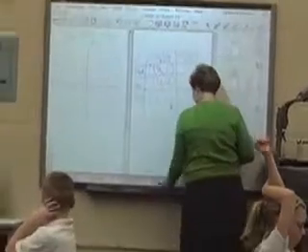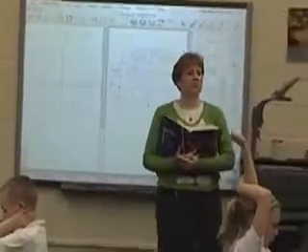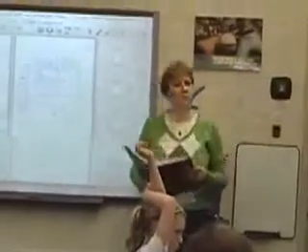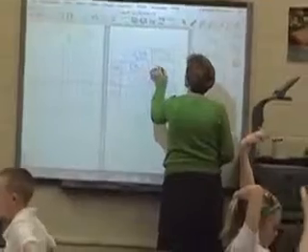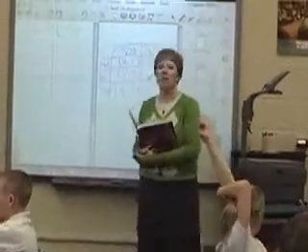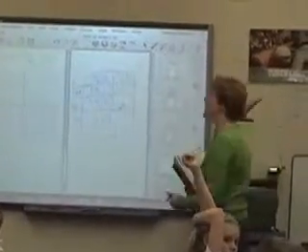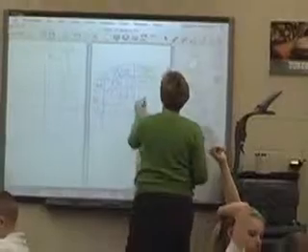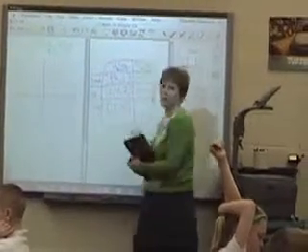Okay, now let's look at the green boot. What are the coordinates of the heel on the green boot? Nathan? Negative 2, 1. What about the toe? Callista? Negative 4, 2. What about the top of the green boot?